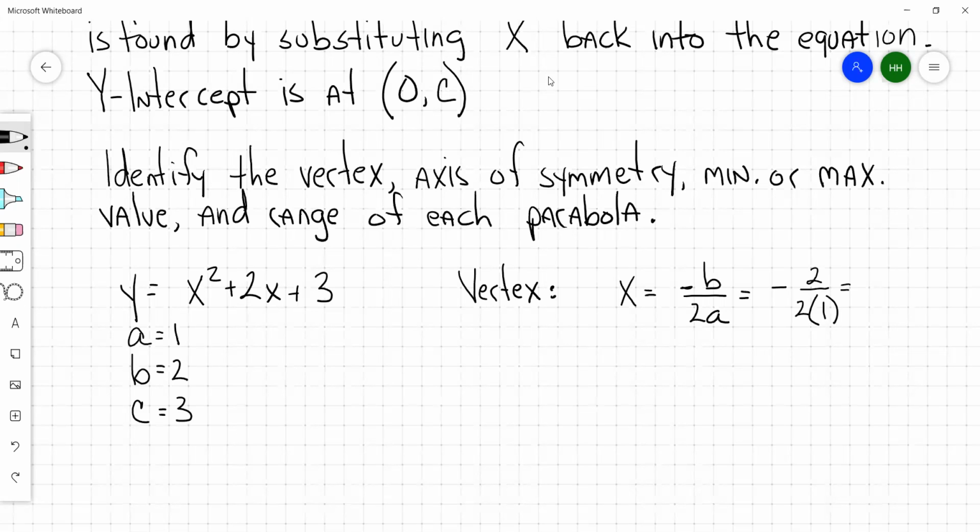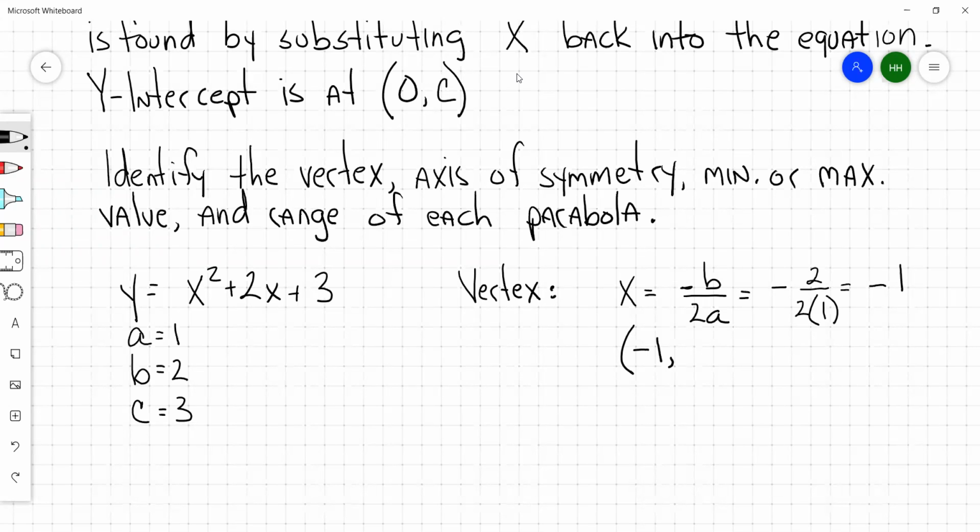So this is the opposite of 2 divided by 2, which is negative 1. So our x value at the vertex is negative 1.